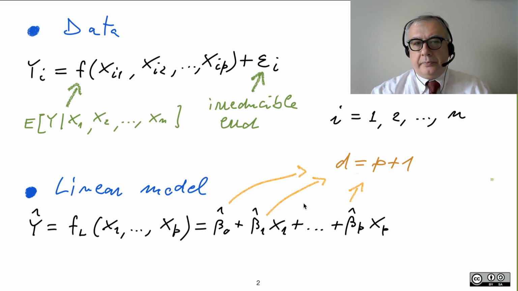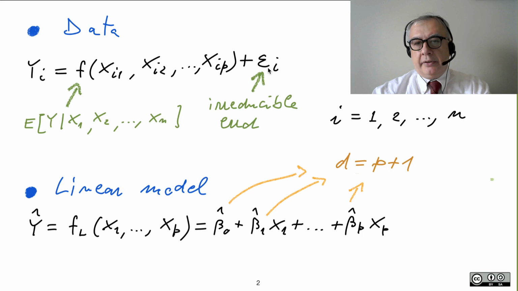Okay, and let's start with some notation. So here are my data, so my observations, and the ith observation is thought of as the sum of a true function, which depends on my p features, and some irreducible error.